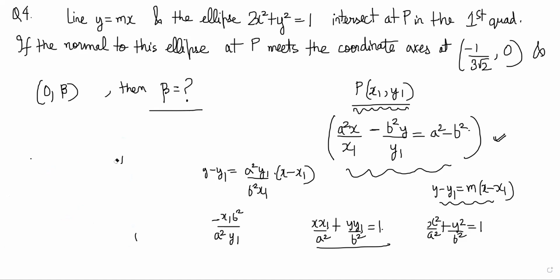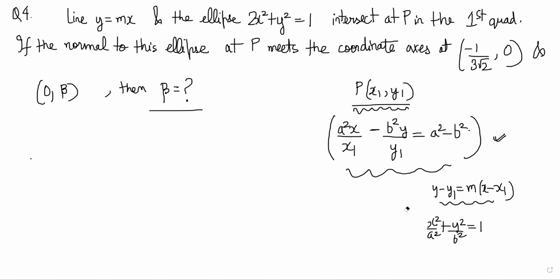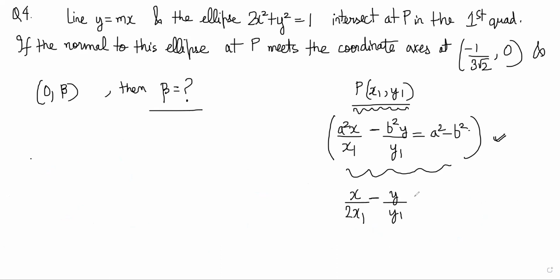So in this problem, it will be useful. If you directly write this, a square and b square in this ellipse are 1 by 2 and 1. So this becomes x by 2x1 minus y by y1 is equal to minus half. This is the normal at x1, y1.